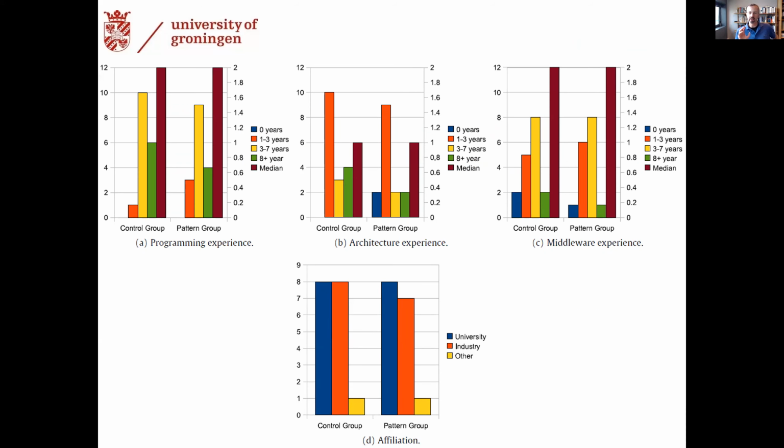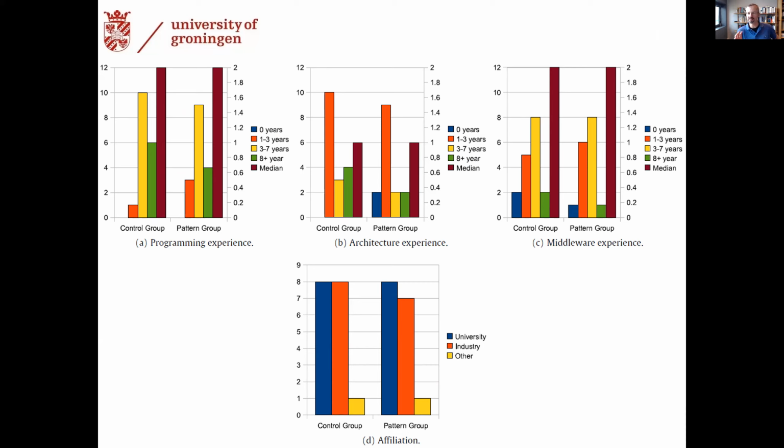So here again is all of the information about the independent variables. And this is where we are able to control for the confounding factors, as I mentioned before. For each one of those charts, you can see that you have the control group on the left and the pattern group on the right. And you can see that the two charts, the left versus the right, are sort of equal.